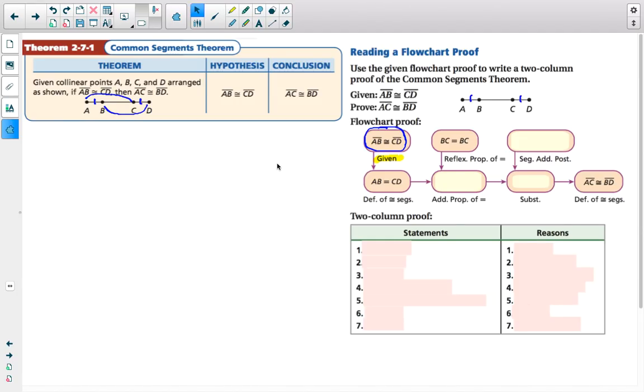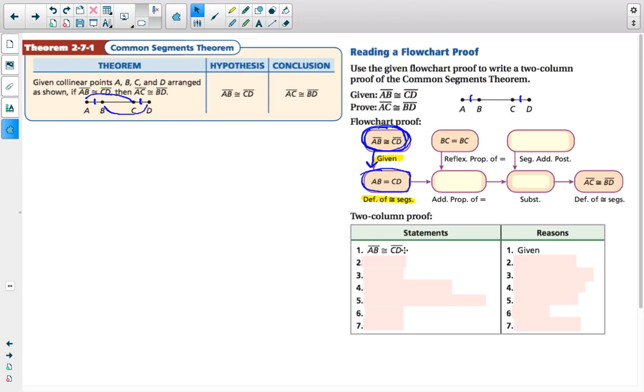Now you'll see they take this arrow and they go down here. So this is the if this guy, if this is true, then this has to be true. So if segment AB is congruent to segment CD, then the length of AB is equal to the length of CD. How do we know? Definition of congruent segments. So if we look at our two-column proof, step one is our first box.